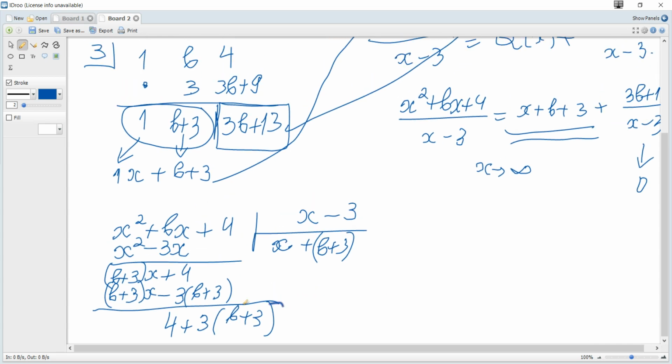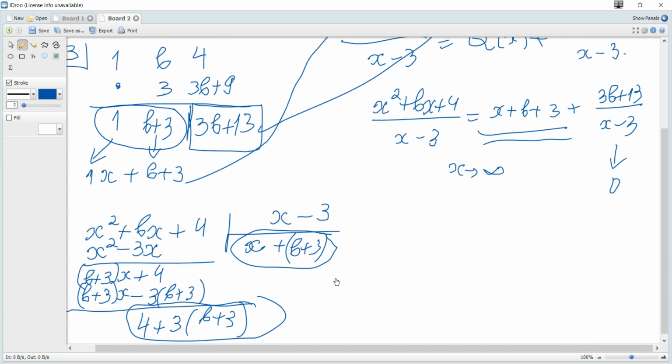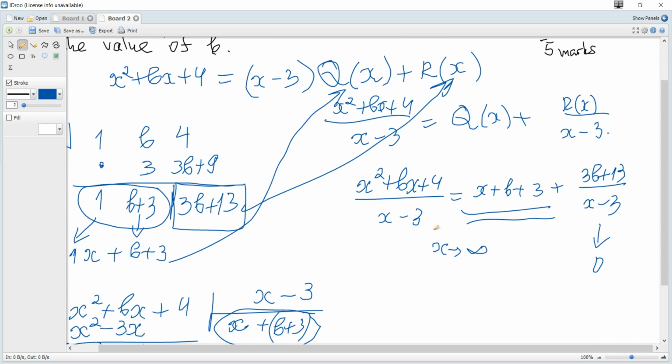And again, it's the remainder and it's the result of division. So we get absolutely the same, but another way to divide. And that's all.